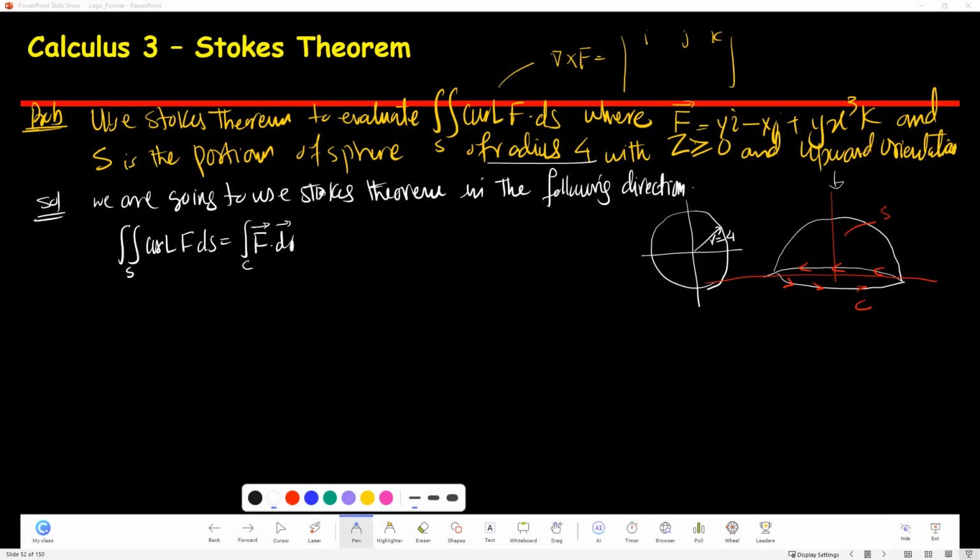In this problem we need to parameterize our curve, because for a line integral we always do.